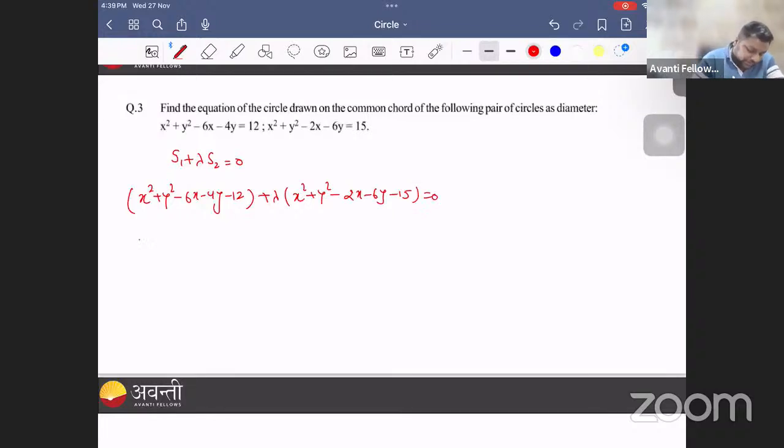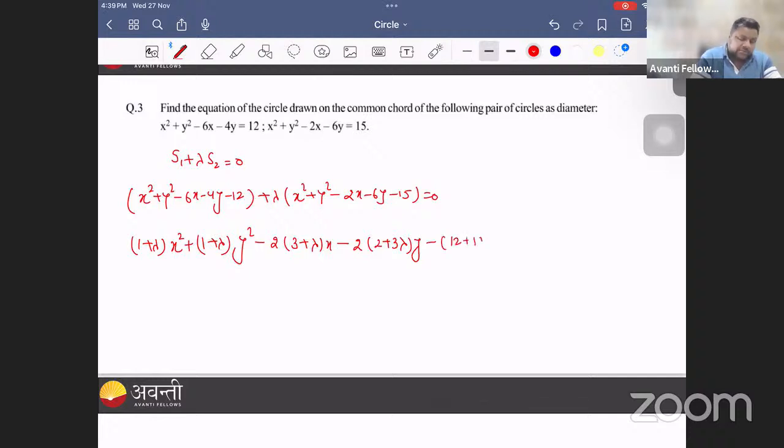Now the circle can be written as 1 plus lambda into x square, 1 plus lambda into y square minus 2 times 3 plus lambda into x minus 2 times 2 plus 3 lambda into y minus 12 plus 15 lambda equals to 0.